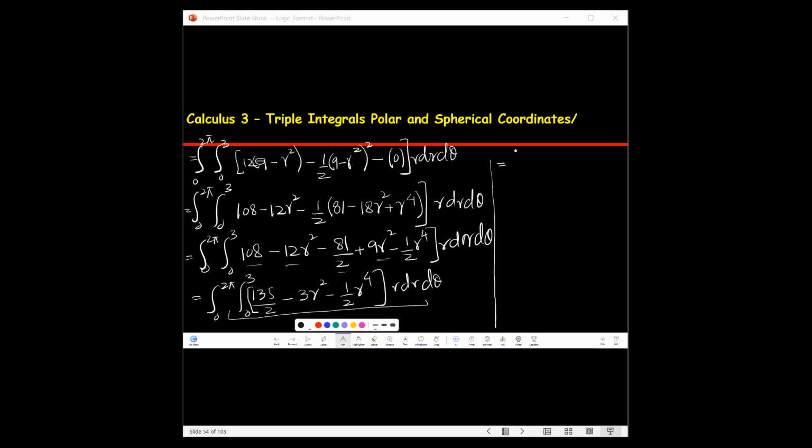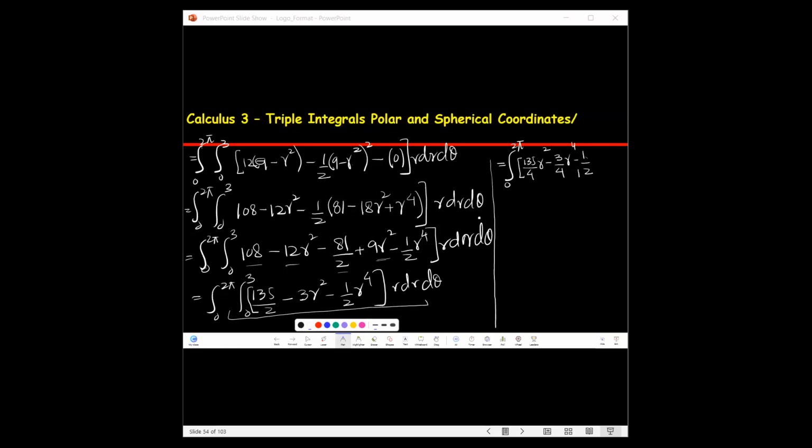Okay, so it's going to be 0 to 2 pi, 135 divided by 4 r squared minus 3 by 4 r to the fourth minus 1 over 12, and then r to the fifth.